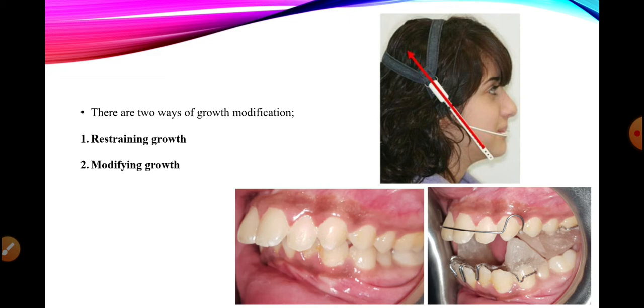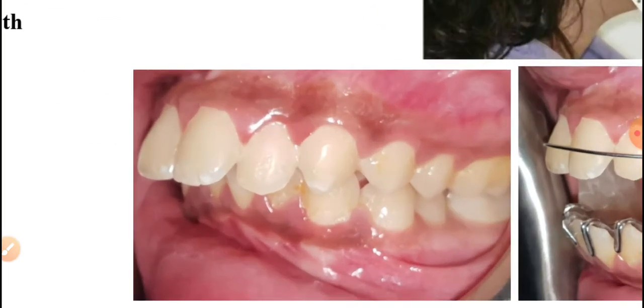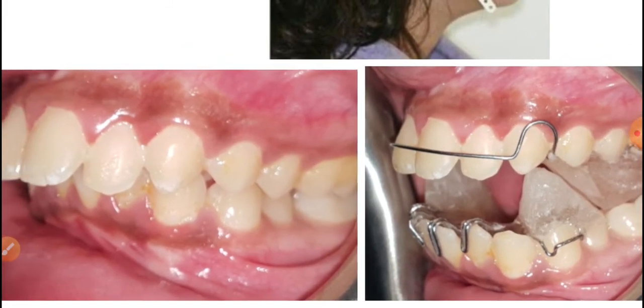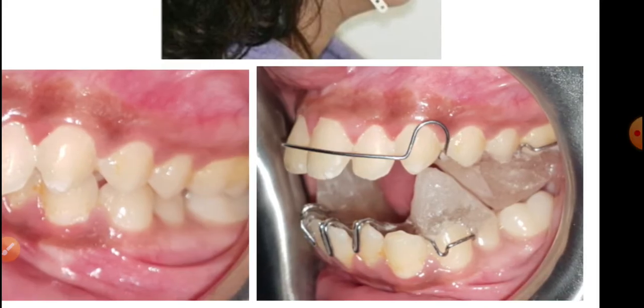And if there is any limitation to the growth of the mandible, if the mandible is retrognathic, then we'll be going for modifying the growth with the help of functional appliances. So the growth modification can be carried out in two ways, either by restraining the growth or by modifying the growth. So here we can see that it is because of the mandible, so we'll be giving a functional appliance that will enhance the growth of the mandible.